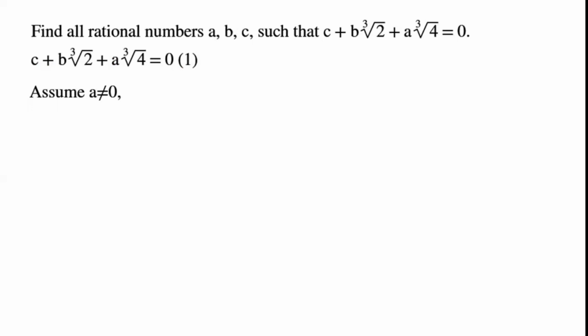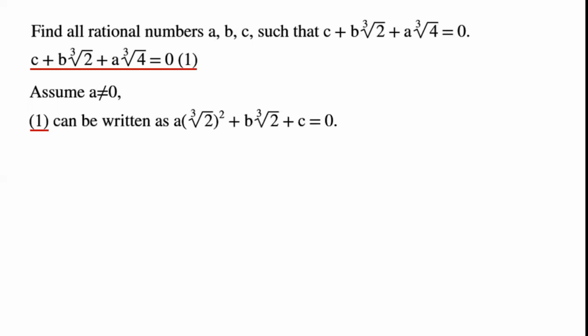Assume a doesn't equal 0. Equation 1 can be written as a times the cube root of 2 all squared plus b times the cube root of 2 plus c equals 0.